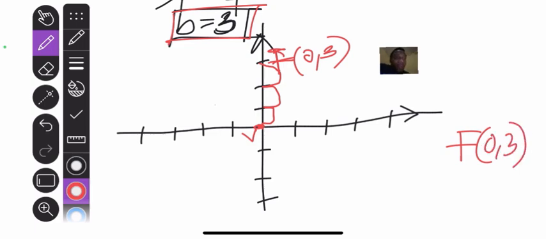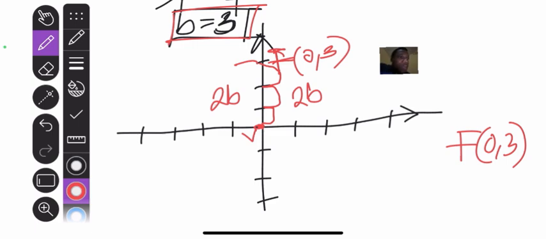Now, what should we do next? How do we find the directrix and others? Before we find the directrix, we have to look out for the latus rectum. Recall that I told you it is always 2b to the right and to the left from the focus. When they say 2b, it means I have to calculate 2b.